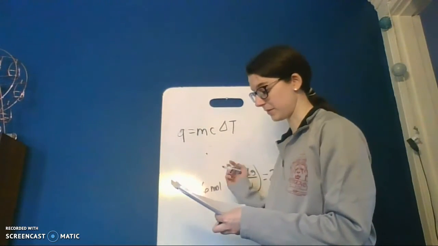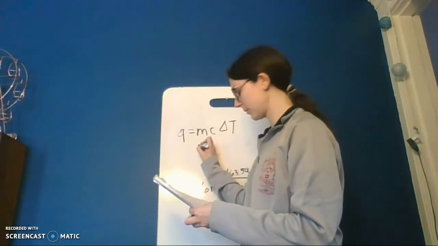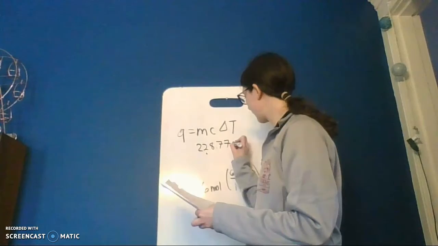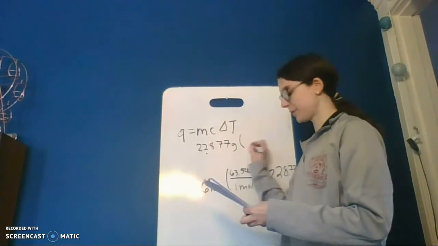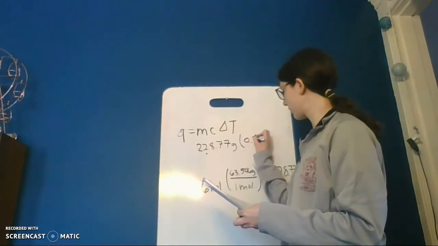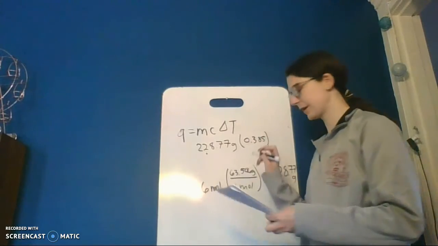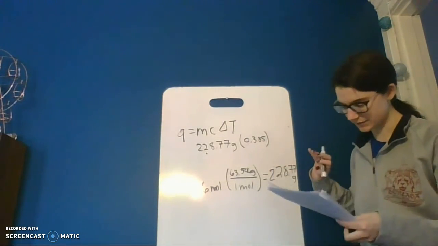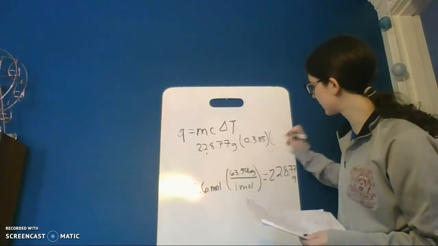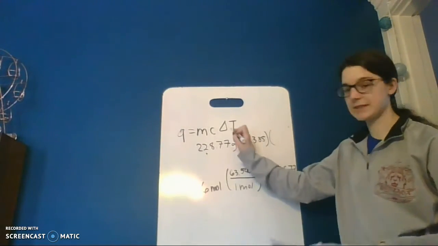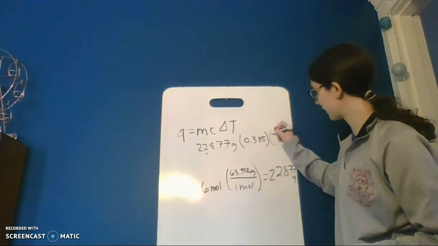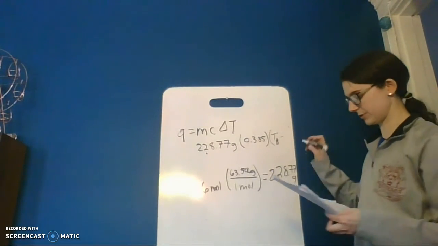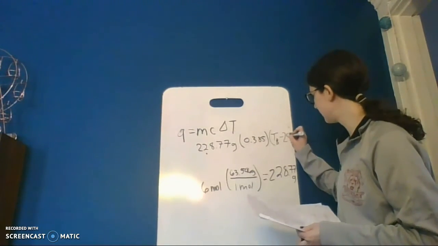And we're looking for the final temperature. So I'm going to put 228.77 grams. Then I'm going to put the specific heat of copper, 0.385. I'm going to go ahead and chop off units for now. I know that's not great, but just to save some room. And then what we're looking for is the final temperature. Remember, delta T is final minus initial, so I'm going to have T final minus the initial temperature, which is 283 Kelvin.